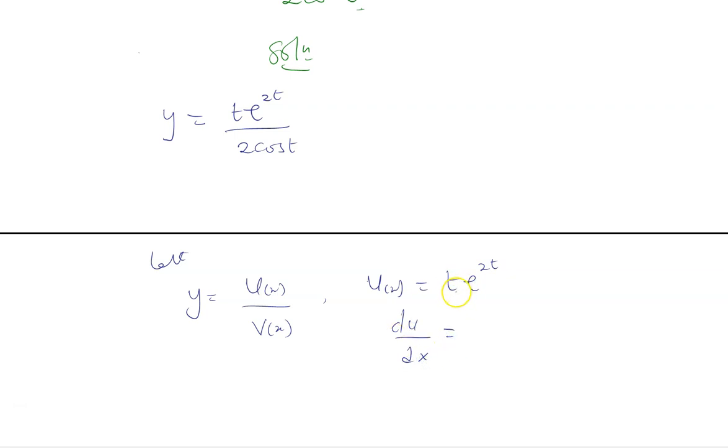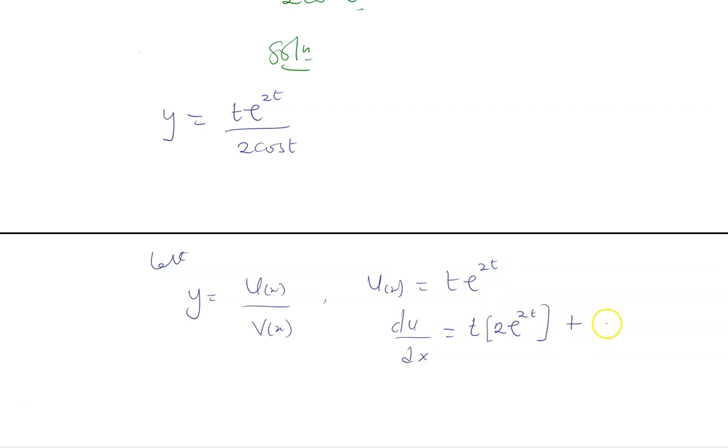I hold the first one, but don't show them, just use your mind to simplify it and you go your way. I hold the first one, which is t, and I differentiate the second one. If I differentiate it, I'm going to get 2e^(2t).